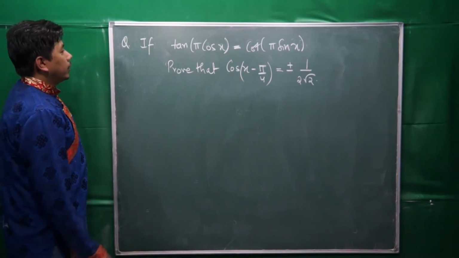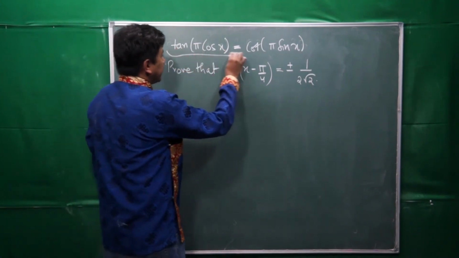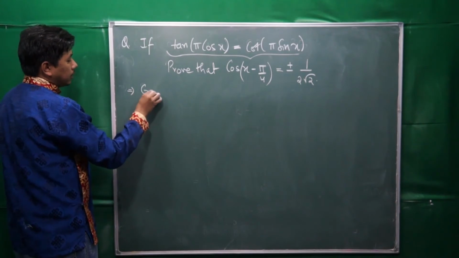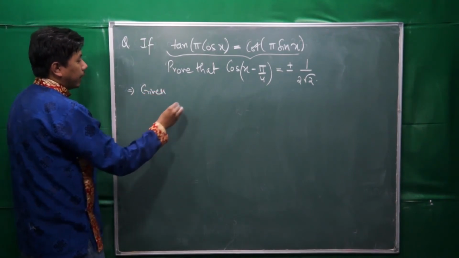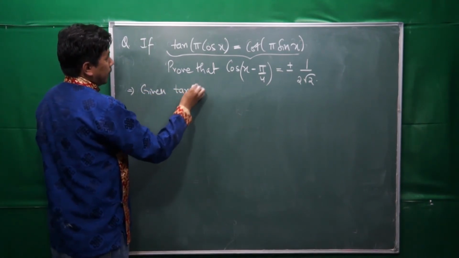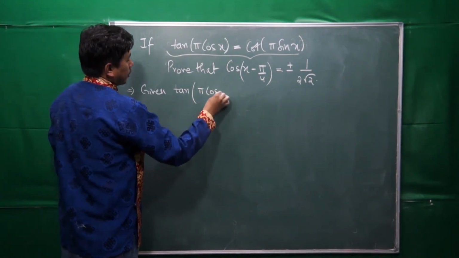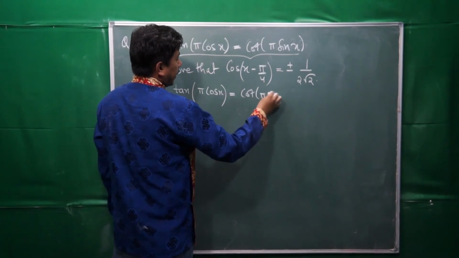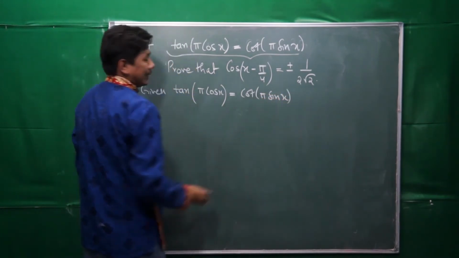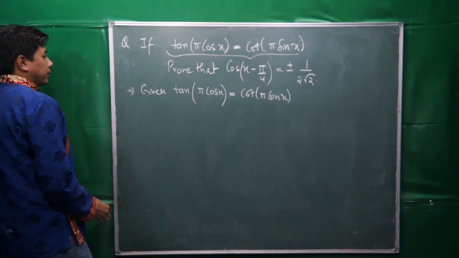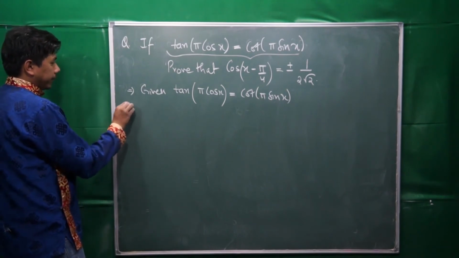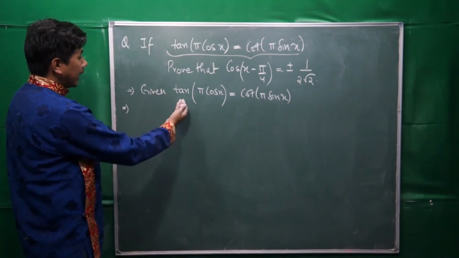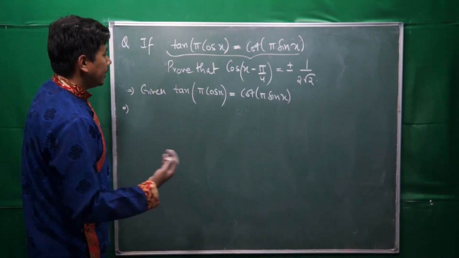So let's take the value that has been given in the question. The given part is we have tan(pi cos x) equals cot(pi sin x). First step, we are going to convert tan and cot into sin and cos.